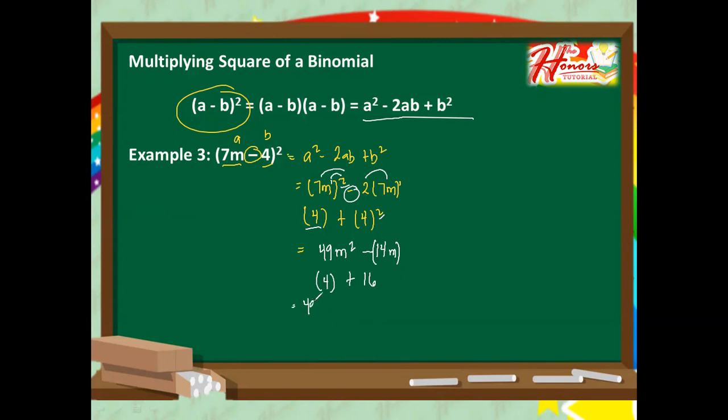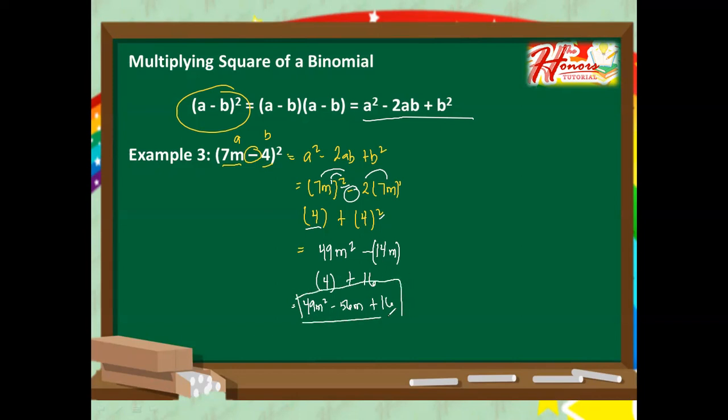That is 49m squared minus 56m plus 16. Again, it is 56m because 14 times 4 is 56 and then plus 16. And that's it. That's the final answer for example number 3.